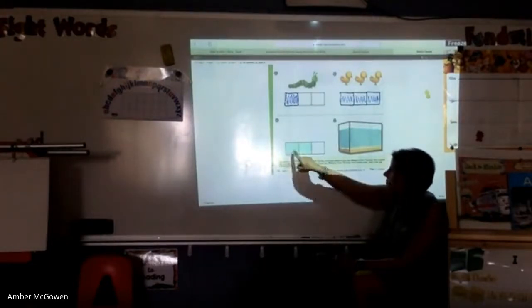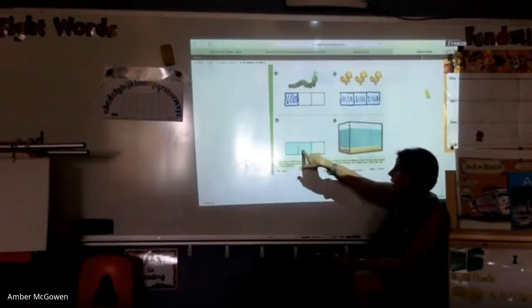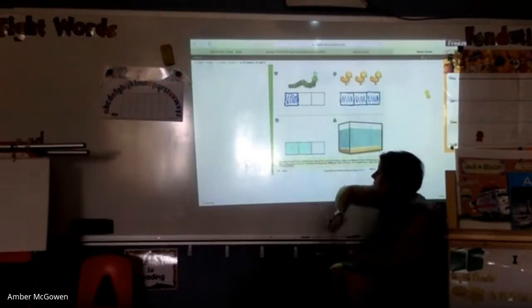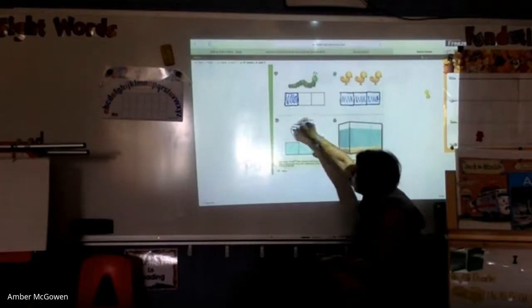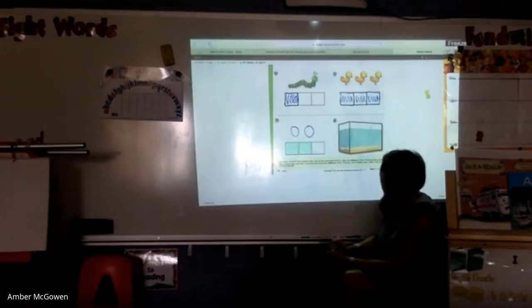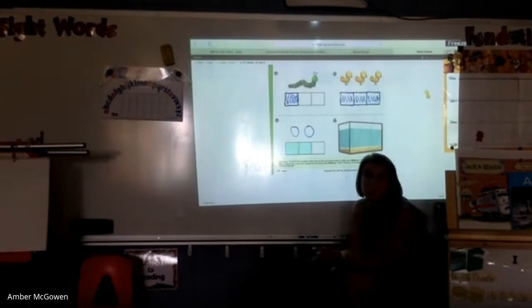So if they have 2 boxes colored in, how many circles do we need to draw? 2. So I'm going to go 1, 2. Yep, circles are pretty easy.